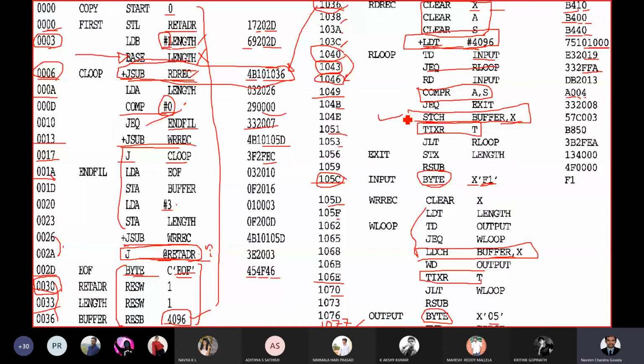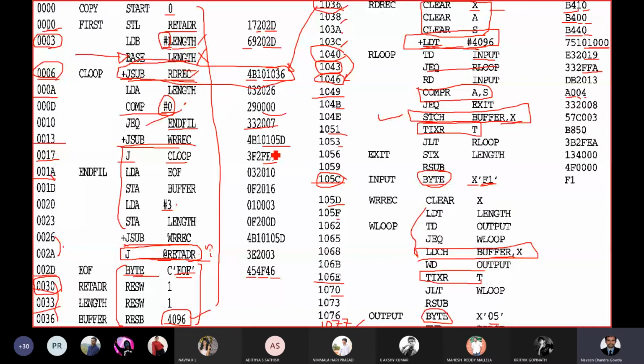These are the two instructions for which you set x as 1; for all other instructions x is 0. Even when it comes to b and p, for all these instructions we set p as 1, which is program counter relative.